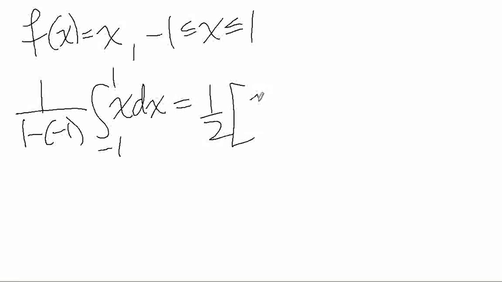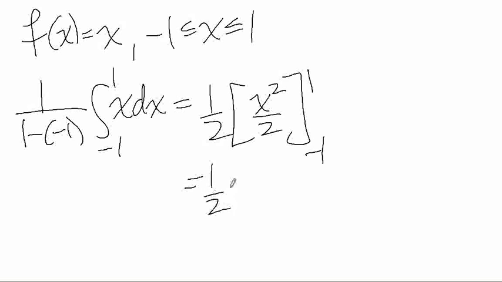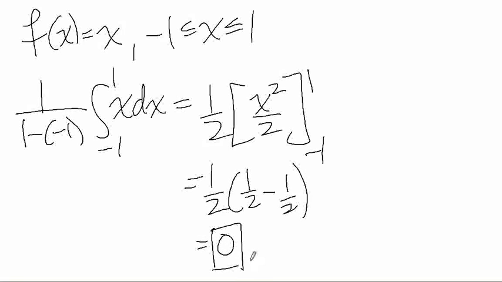So that would give me that, and continuing, I would get 1/2 minus 1/2, not minus negative 1/2. So I would get 0. All right, so apparently the average is 0.